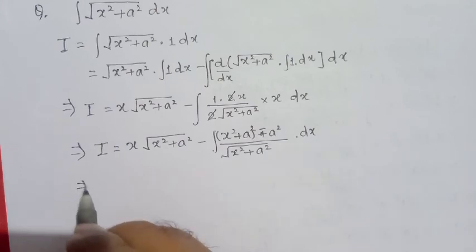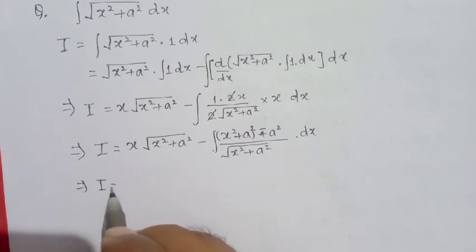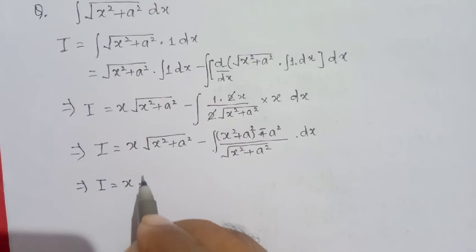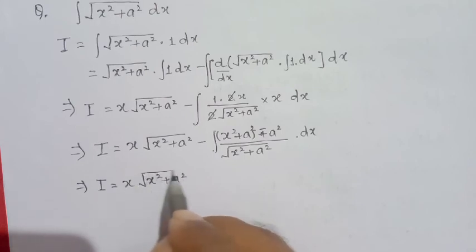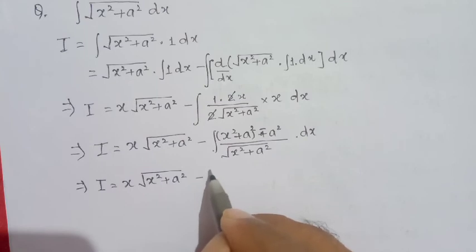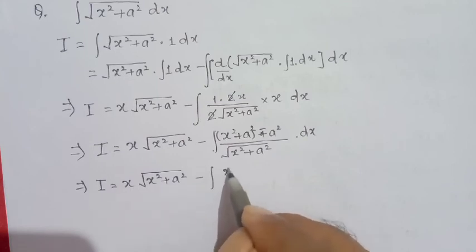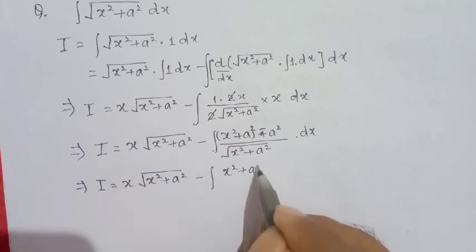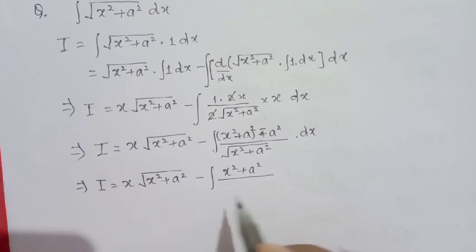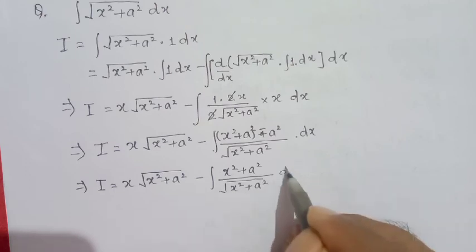So I should be written as x into under root x square plus a square, minus integral of x square plus a square by under root x square plus a square dx.